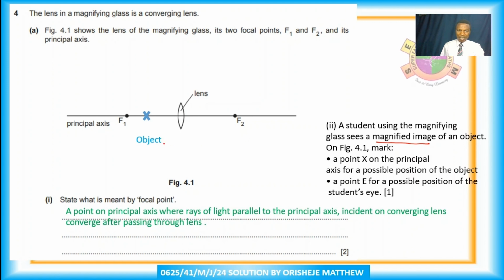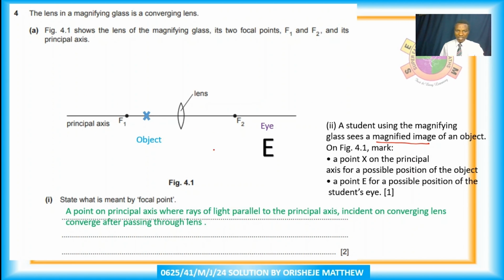Any place between the focal point and the center of the lens, either here or here, you get the correct answer. Then if you put it here, the student has to be on the opposite side. So the eye will be here to look at the glass. So both the object and the image will be on the same side.